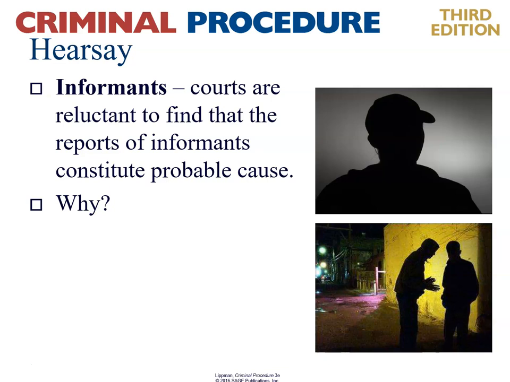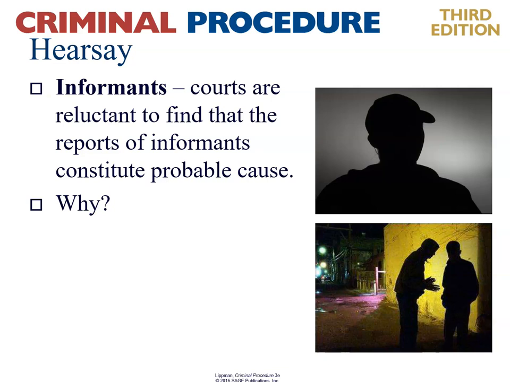So in determining whether hearsay provides probable cause, the courts follow some simple rules. And just very quickly, first, eyewitnesses and victims, along with police officers, are considered reliable, and the reports are accepted as accurate. We talked about that.